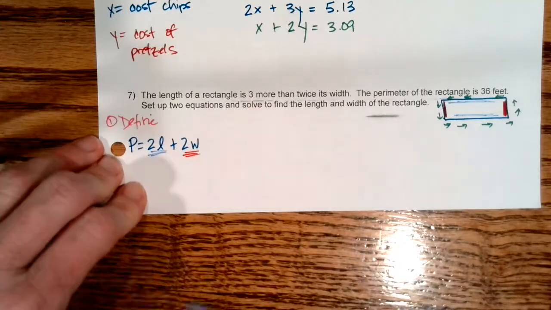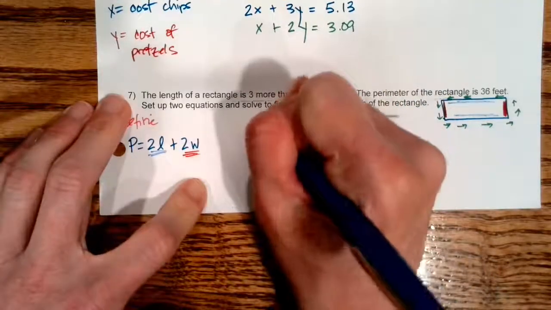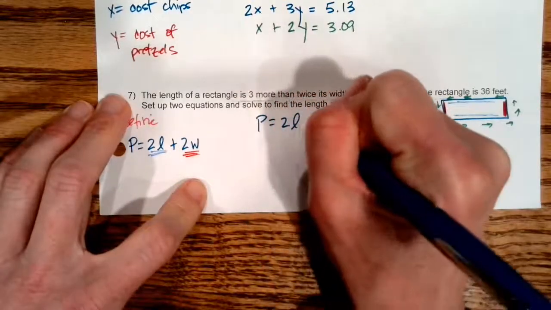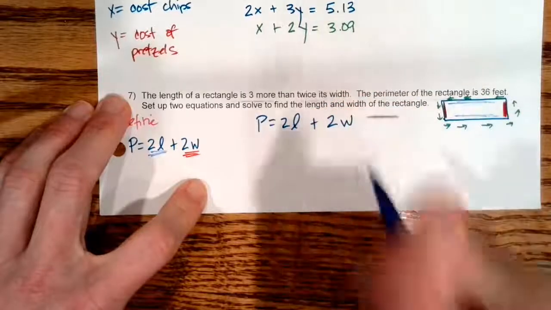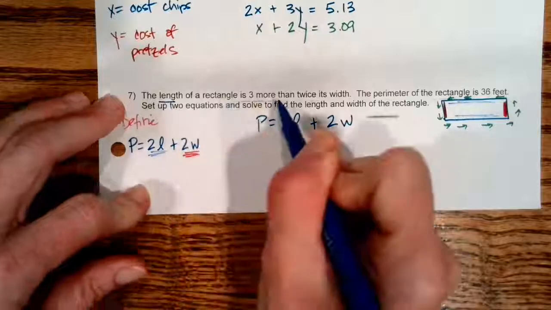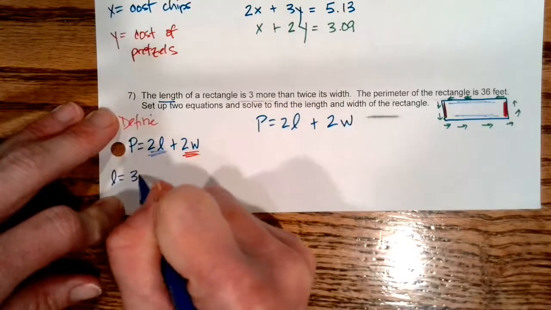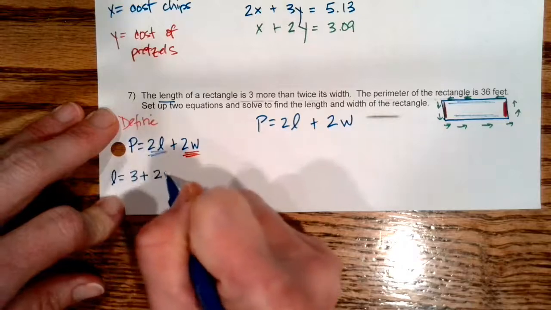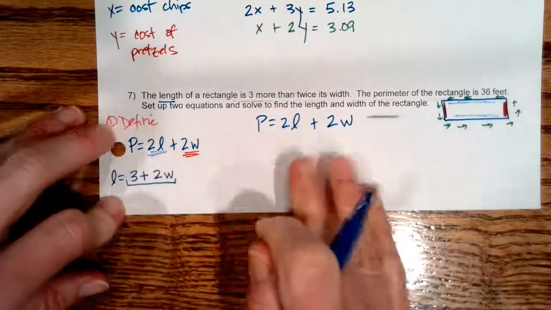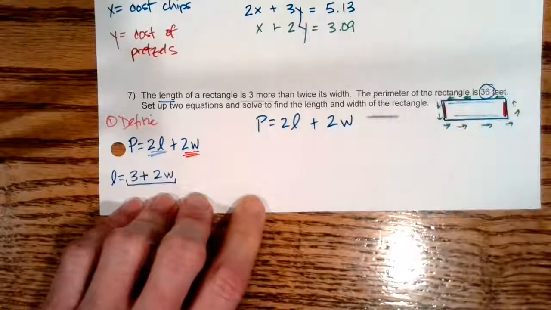So the perimeter problems are a little bit different when we set them up, because we're going to go ahead and write this equation, and we're going to substitute right into it what we know about the length and the width. So we know the length of a rectangle is 3 more than twice the width. So the length is equal to 3 more than twice the width. That's a substitution property right in the making. My perimeter is 36 feet.